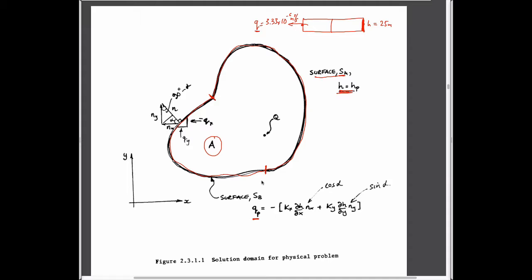The other thing we know, as a requirement from Darcy's law, switching terms, is that the velocity in the x direction is equal to hydraulic conductivity in the x direction times the gradient of head in the x direction. And we could also write this as a flux. This is a velocity, meters per second. This is meters divided by meters.